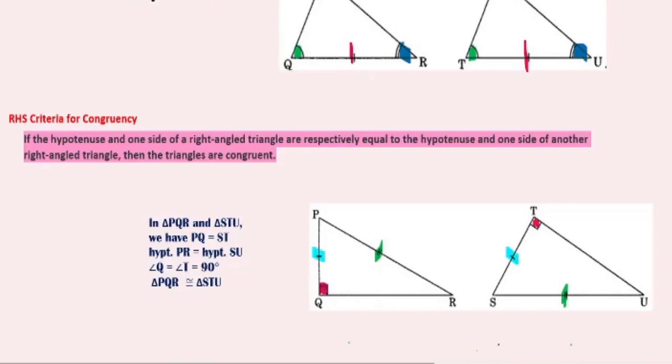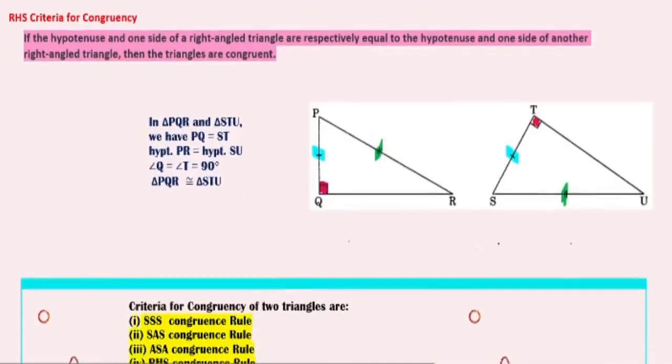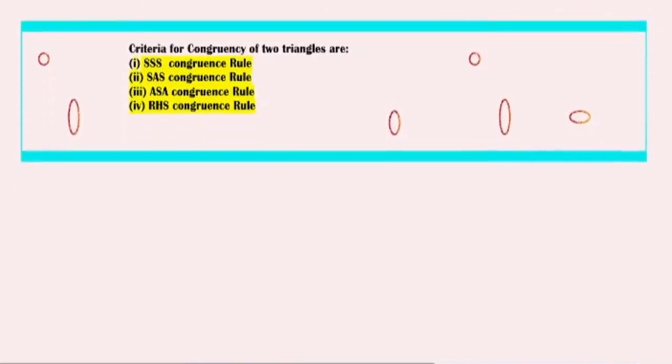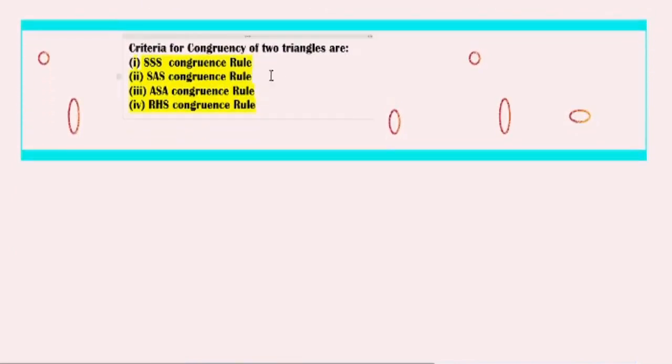So we can summarize these criteria. Criteria for congruence of two triangles are: the first criteria is SSS congruence rule, that is side, side, side.